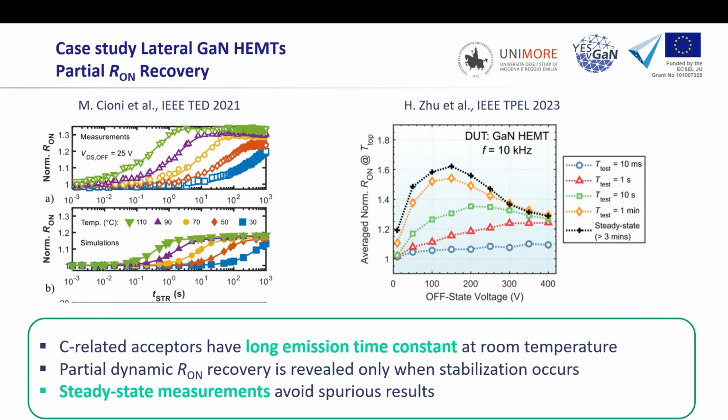And if you're switching faster than this, you will see your device behaving differently. These kinds of measurements show that you can misinterpret your results if you don't wait enough for the buffer to become stable, to reveal this kind of bell-shaped curve that we saw also earlier.